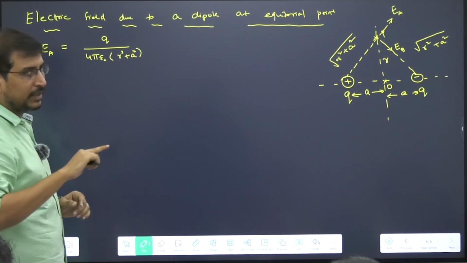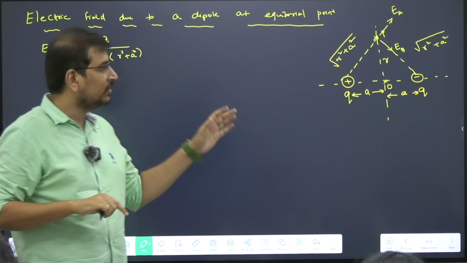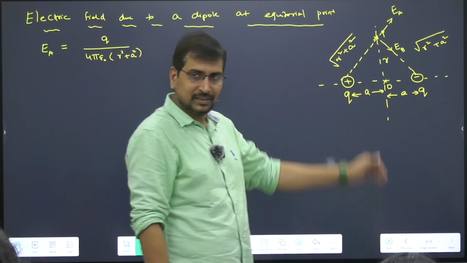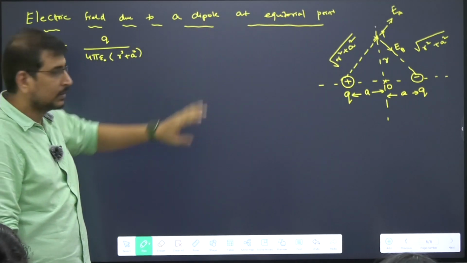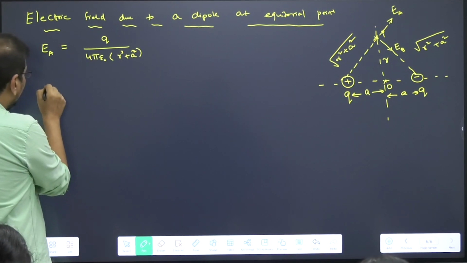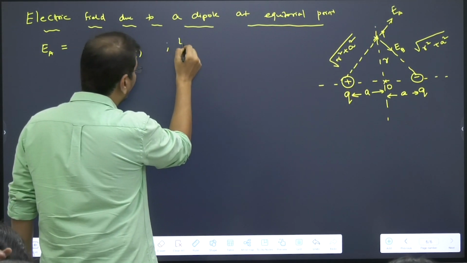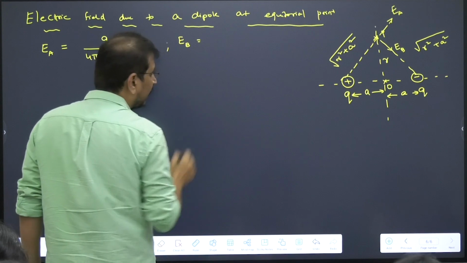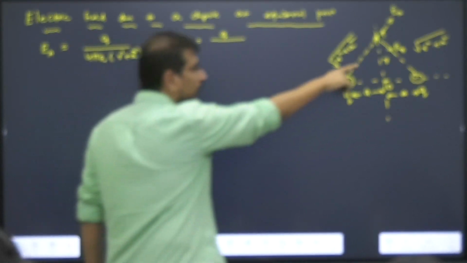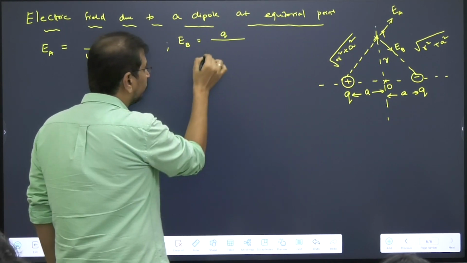So unlike the previous case, I am not putting the direction here because it is not completely aligned along the direction of dipole moment. It is randomly oriented. Right? So it is going to be R square plus A square. Similarly, the electric field at point P due to the charge at B is going to be Q. I am taking the magnitude alone because I have already taken the direction in the arrow mark form.